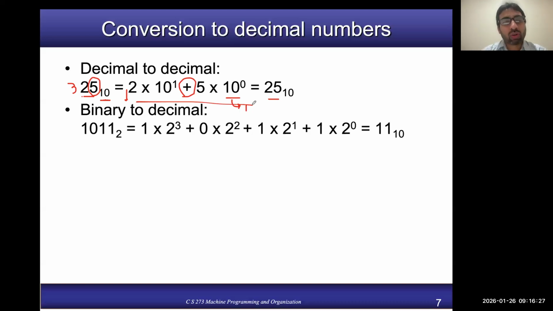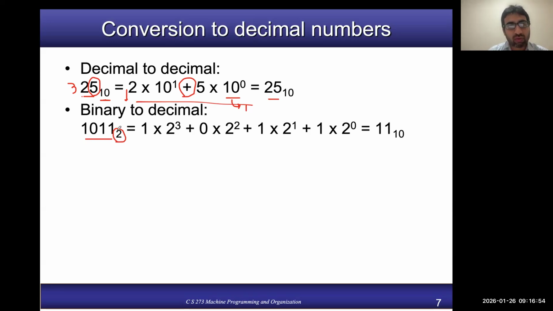Following the same pattern, we can convert a binary number to decimal form. Let's say we have the binary number 1011 to the base 2. Here in the subscript, we have the base, telling us that this number is in binary form. If we want to convert into decimal, we follow the same approach.